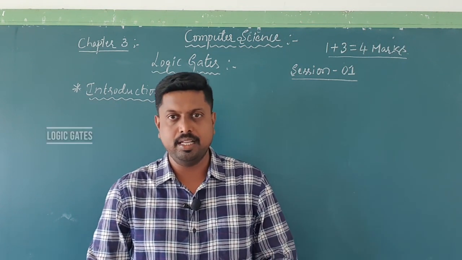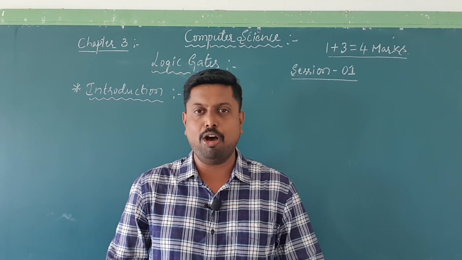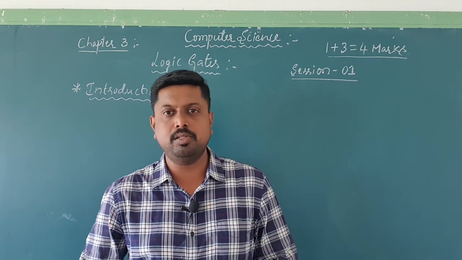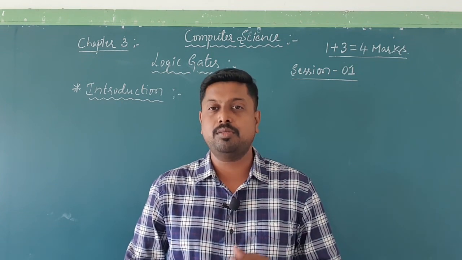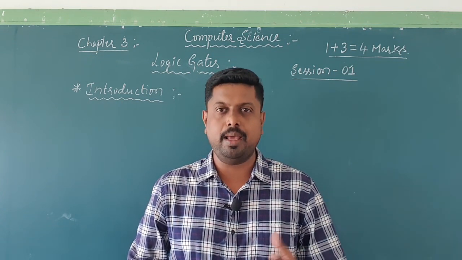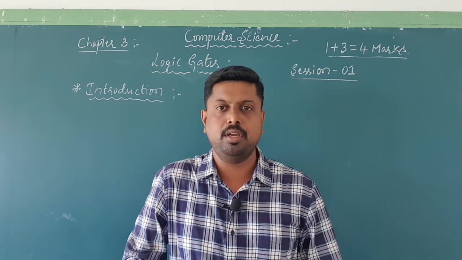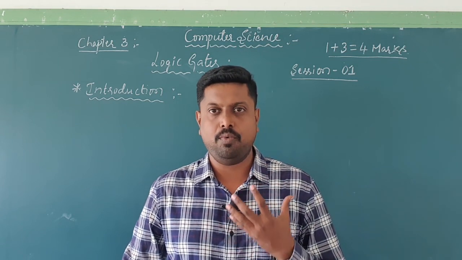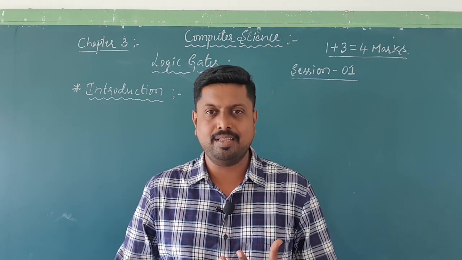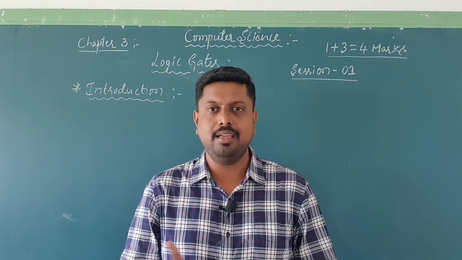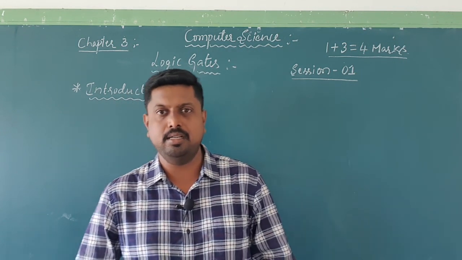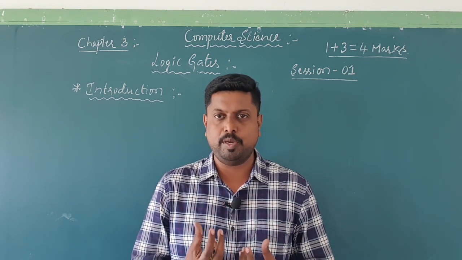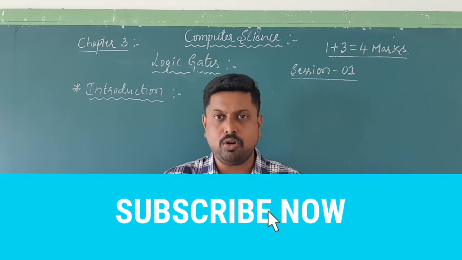Dear students, we learned in the previous class Boolean algebra. In that chapter, we discussed some laws and Boolean theorems, and we also solved some examples with the help of K-map, minterms and maxterms. In those concepts, we learned that we use circuits to construct multiplexers, demultiplexers, diodes, and resistors, the electronic components used nowadays.